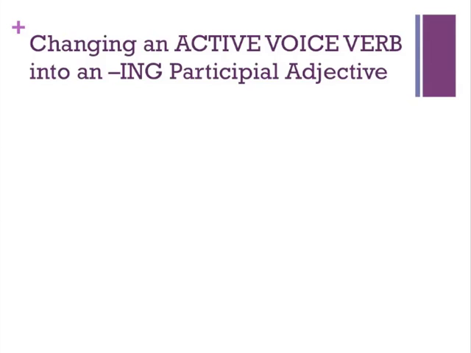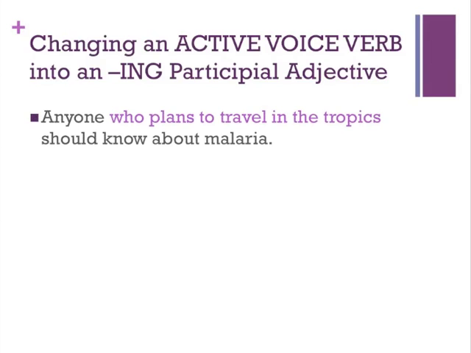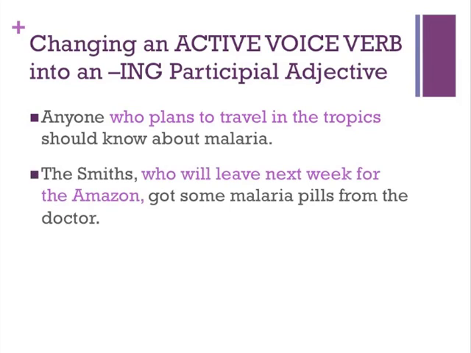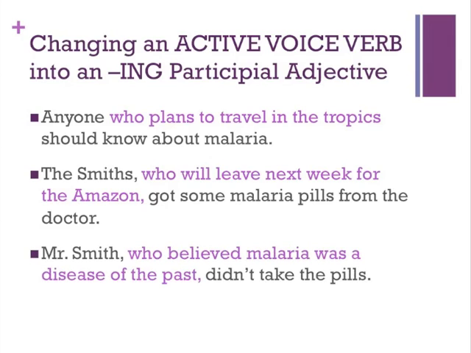Now, as we said before, you can change an active voice verb into an ing participle. Watch what happens. For example, anyone who plans to travel in the tropics should know about malaria. The Smiths, who will leave next week for the Amazon, got some malaria pills from the doctor. Mr. Smith, who believed malaria was a disease of the past, didn't take the pills.